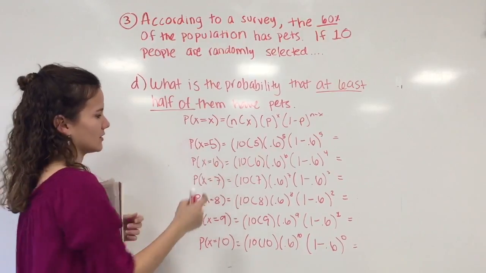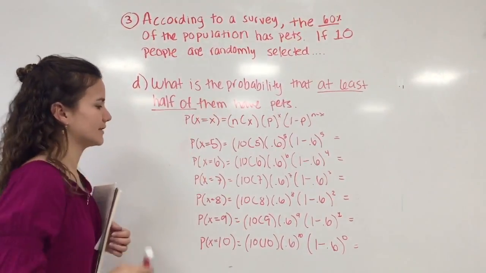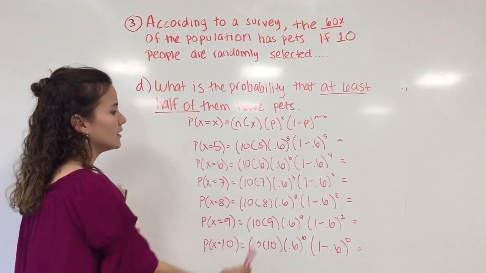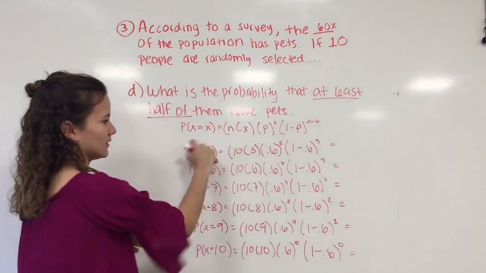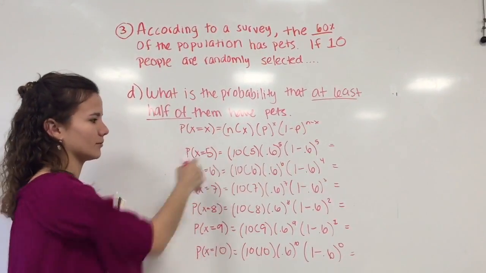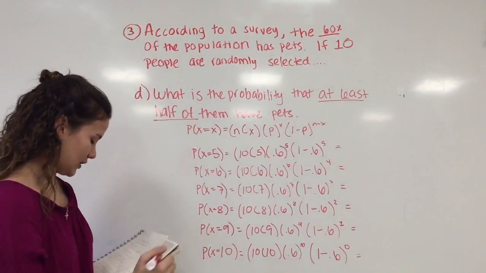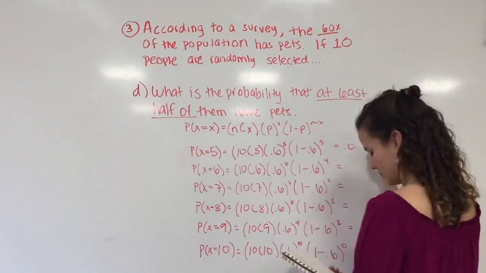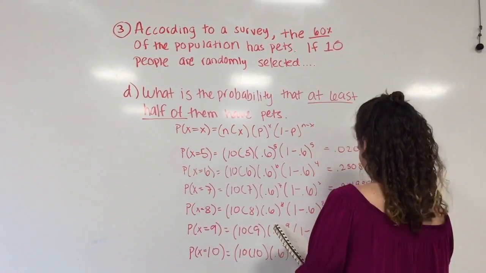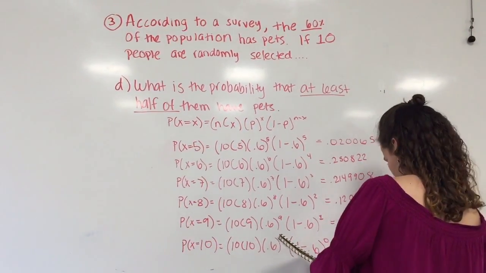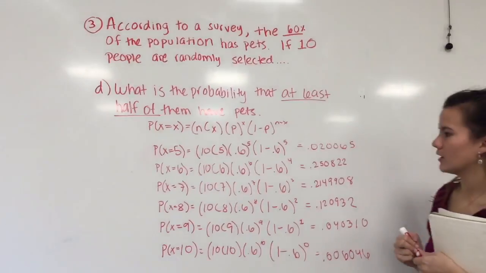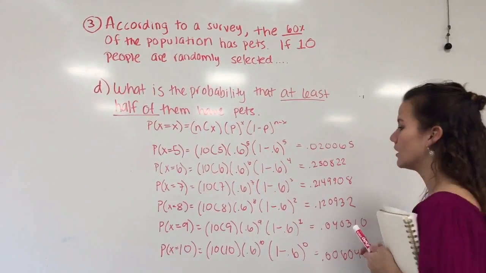The n is still the same, 10 people randomly selected, so it's the same for everything, except that every time we find x in the formula, we substitute its corresponding number. So when we plug this into the calculator, we get for each one this answer.